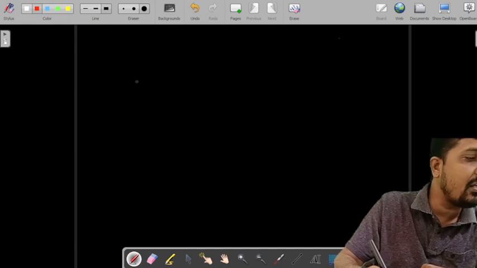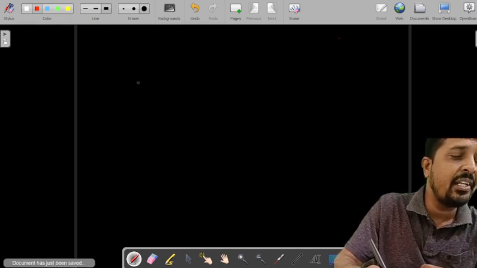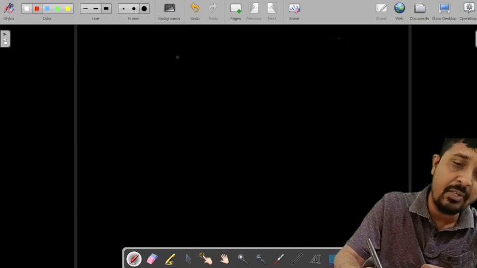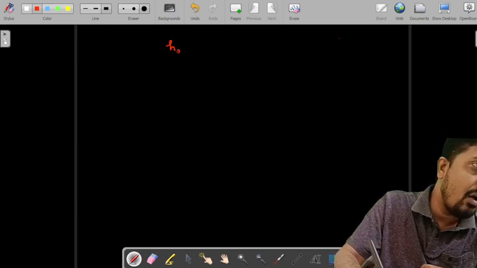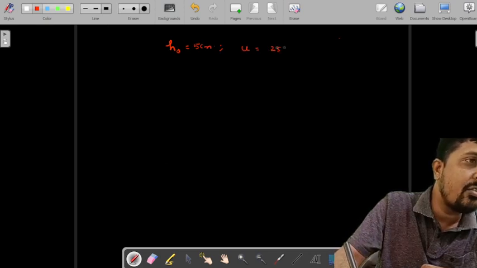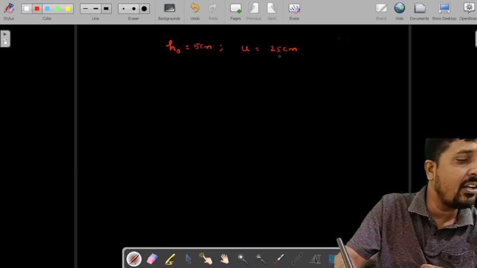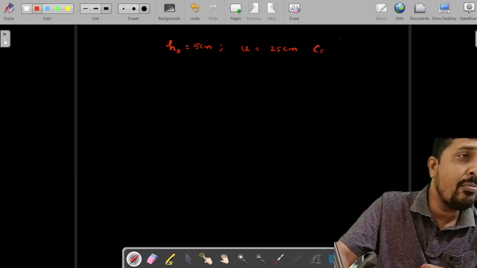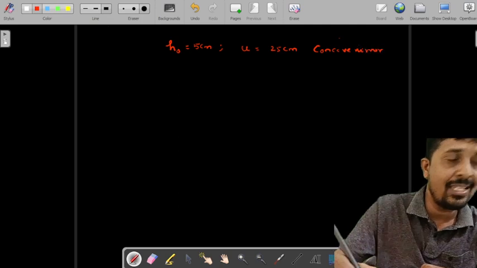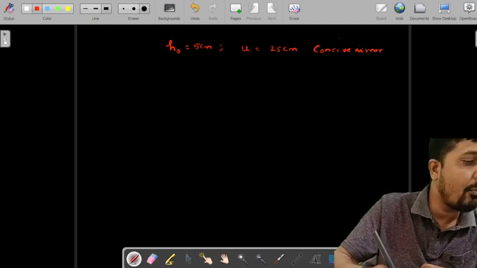An object of size 5 centimeters is placed at a distance of 25 centimeters in front of a concave mirror. As given, object height is equal to 5 centimeters. You have to write the data like this whenever you are going to solve a problem.